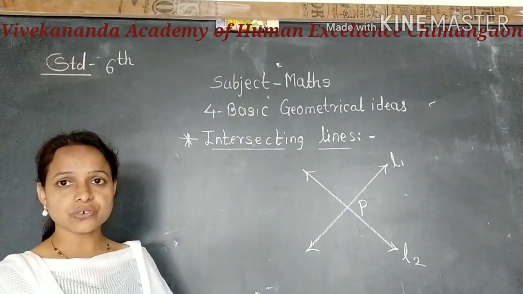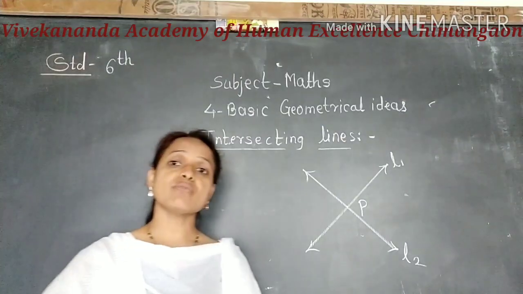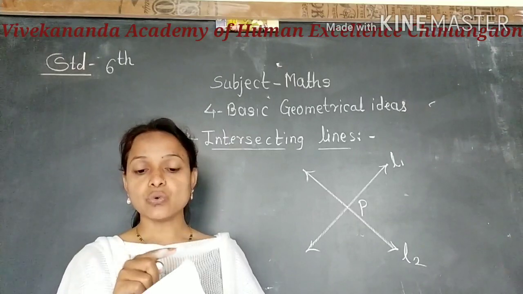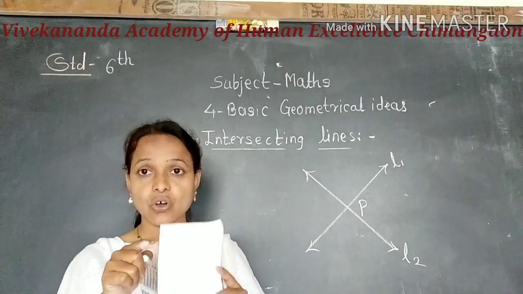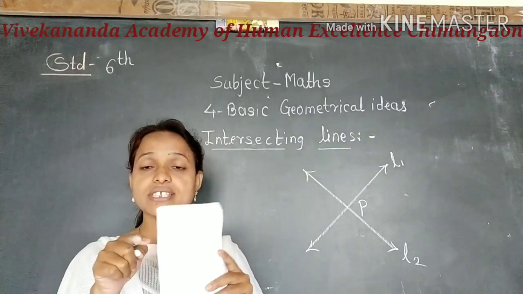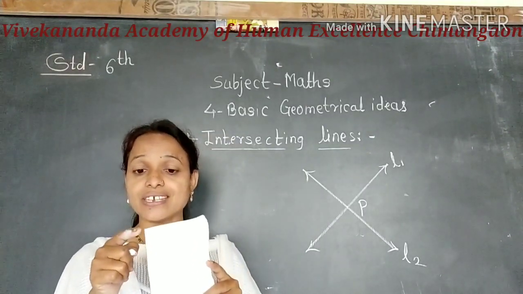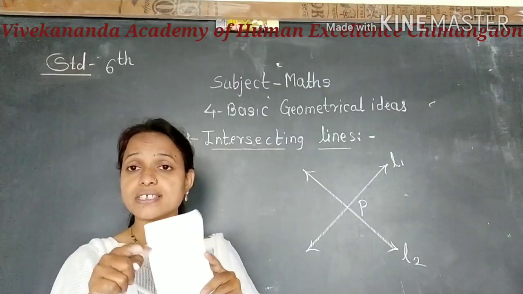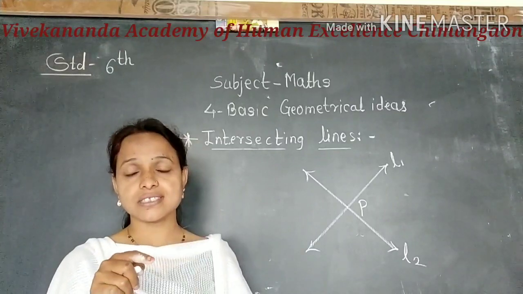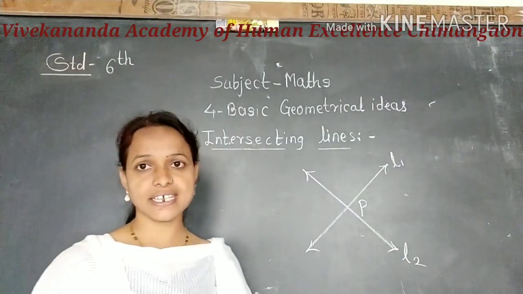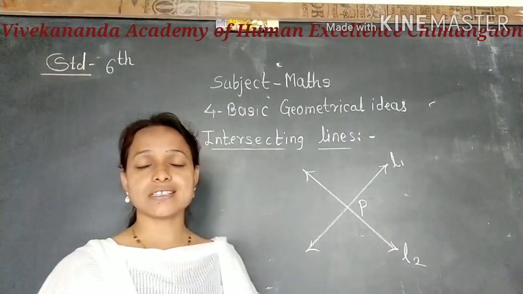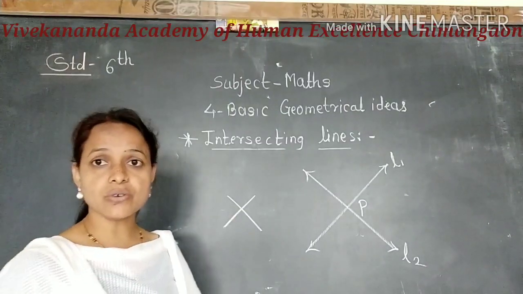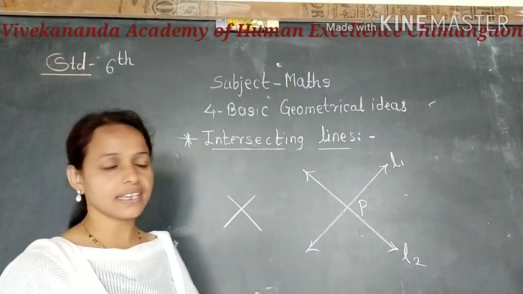Okay, so see students, here are some models of pairs of intersecting lines. If you see two adjacent edges of this page, they have a common point. So two adjacent edges of the page are an example of intersecting lines. As well as the multiplication sign, this is also an example of intersecting lines.